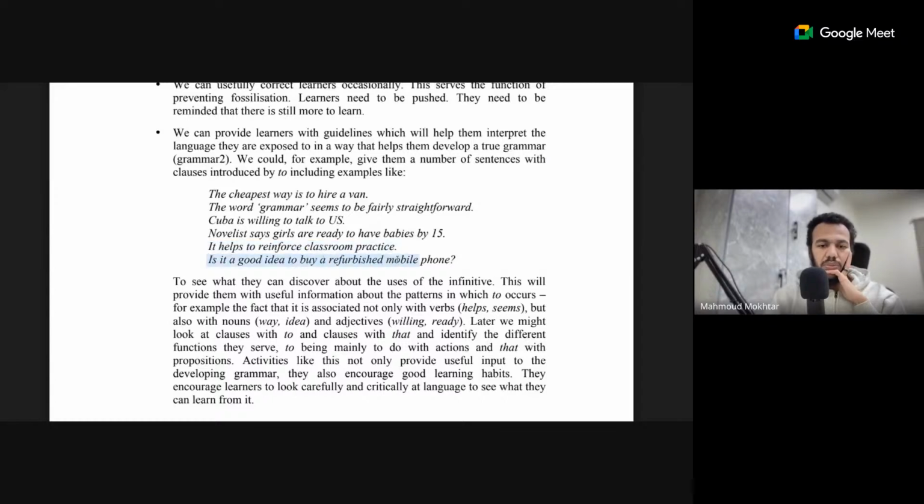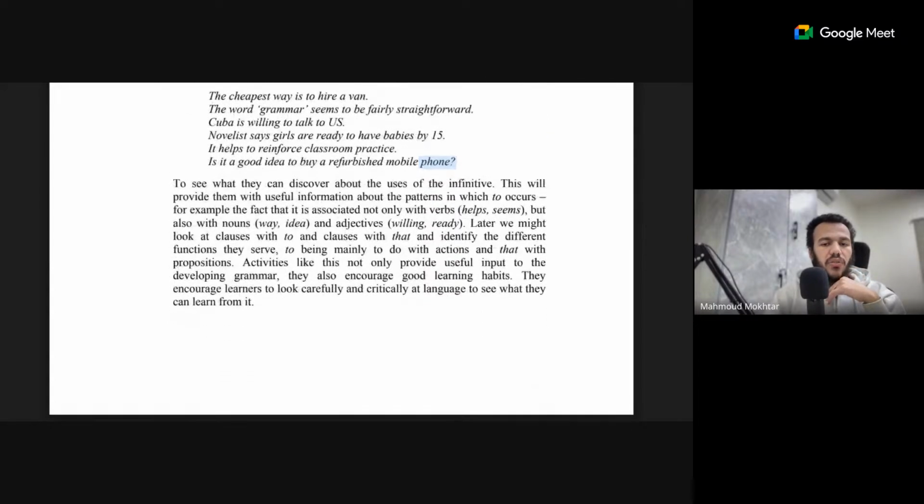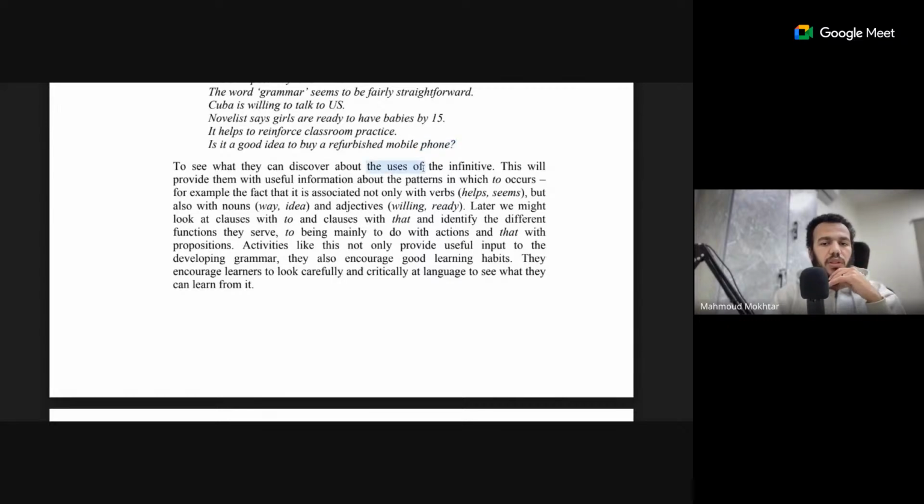It is a good idea to buy a refurbished mobile phone. Then ask them to see what they can discover about the uses of an infinitive.